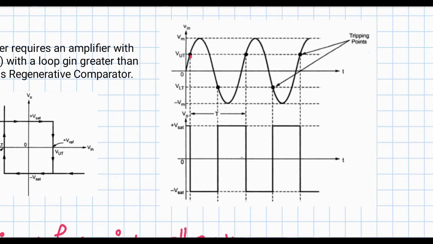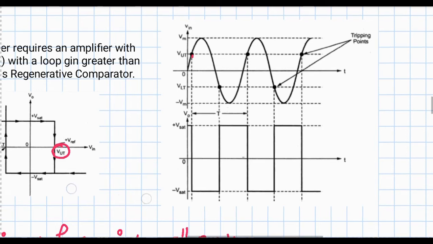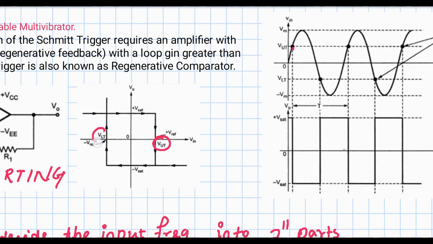When the input is greater than the upper threshold, this is VUT, the upper threshold, and this one is the lower threshold, VLT.